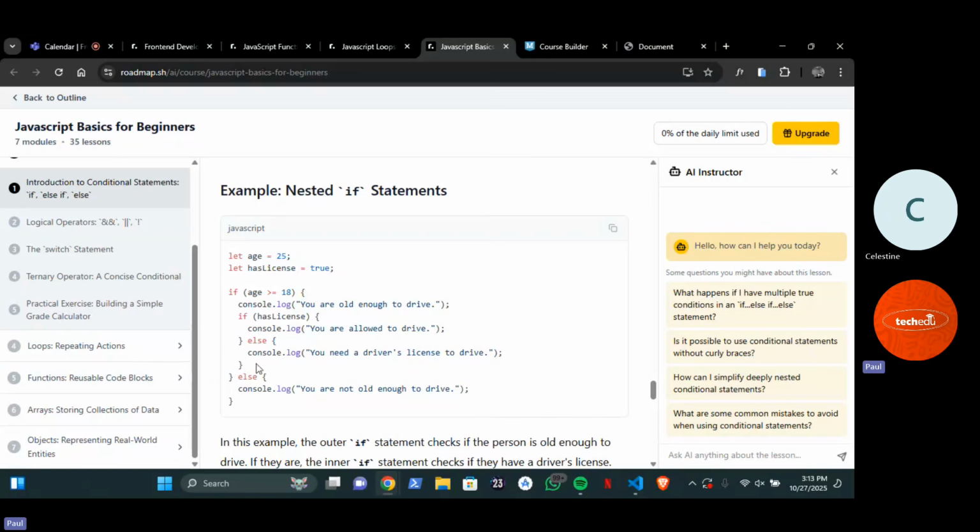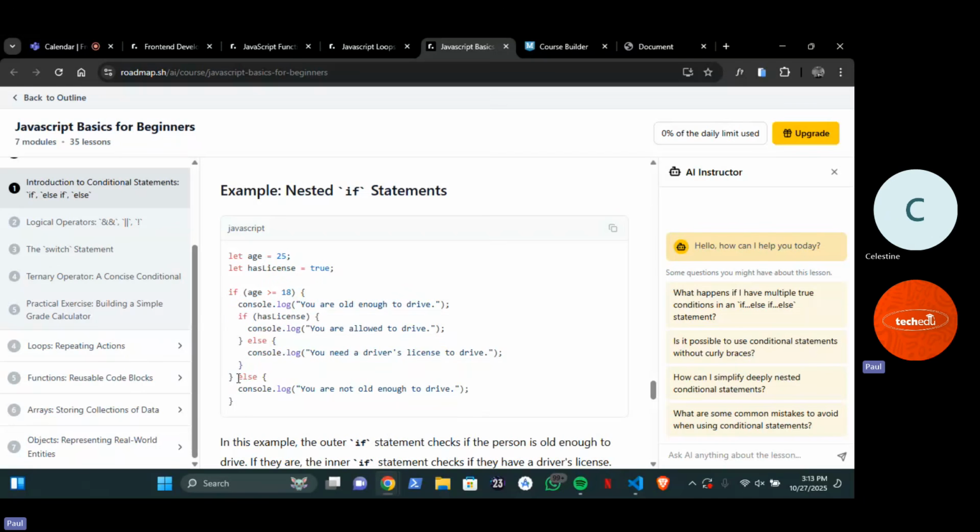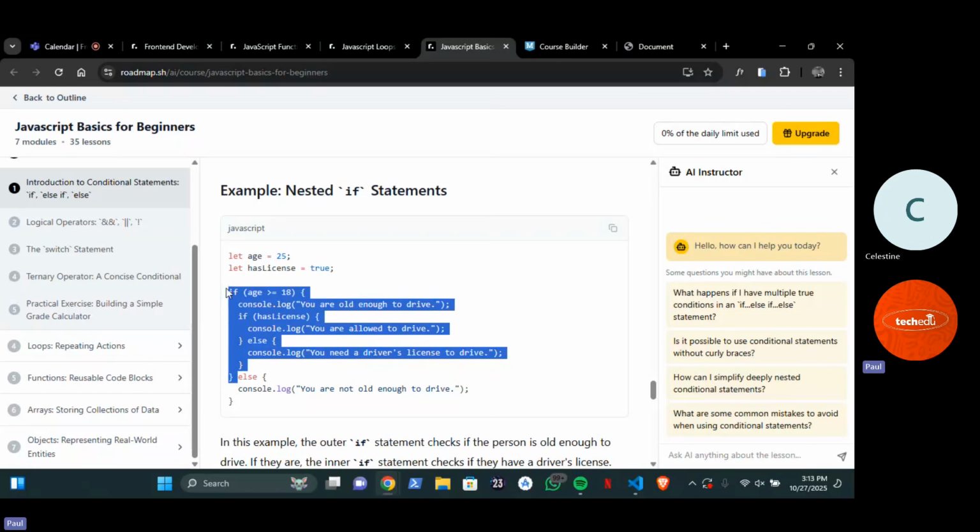What this is saying is that in just one particular if statement, it is checking for hasLicense, and it's also checking for the age. You can only have a driver's license if you are 18 or older than 18. In some conditions, you have to put them in the same if block because they satisfy the same condition.